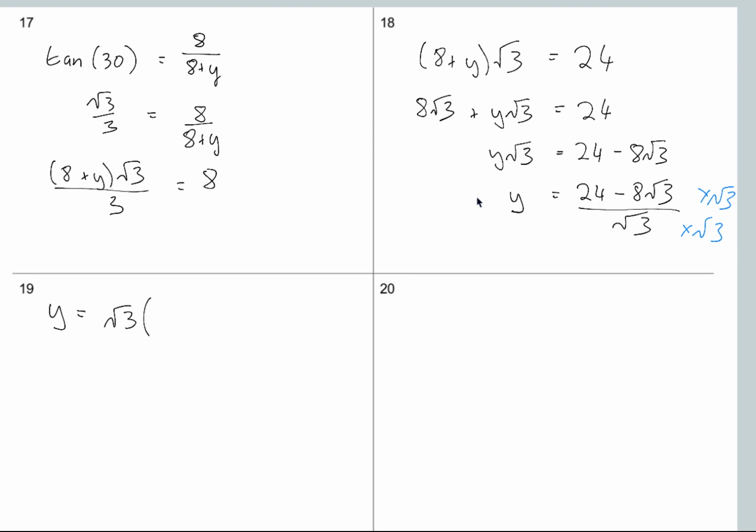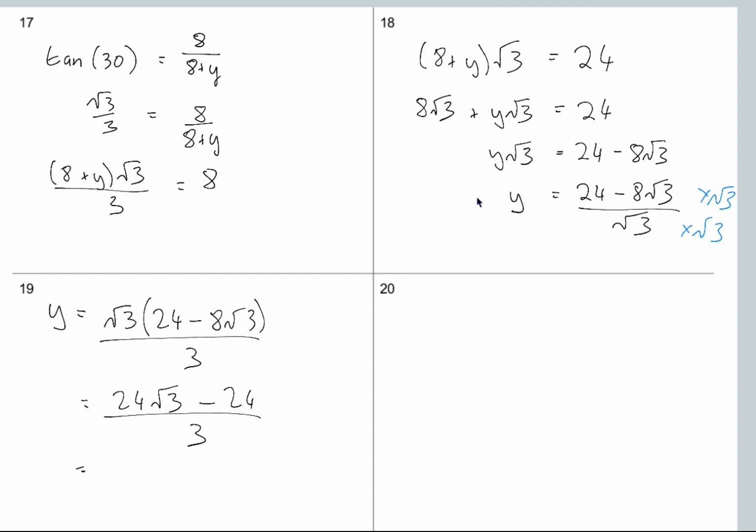Root 3 is 24 minus 8 root 3 all over 3. And we'll expand it to get 24 root 3 minus 24 all over 3. I feel like there'll be a faster way of me doing this, but I'm going to keep going because I'm nothing if not obstinate.